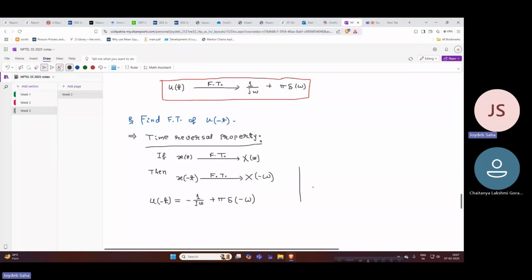Now delta of minus omega is nothing but delta omega. This is known to us.